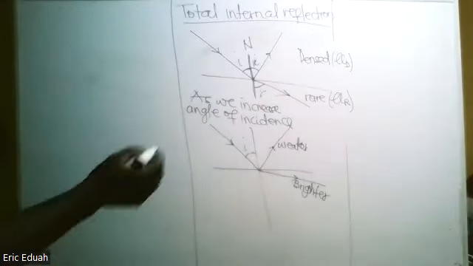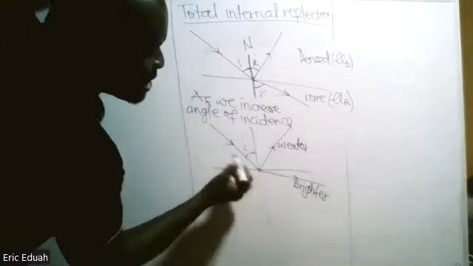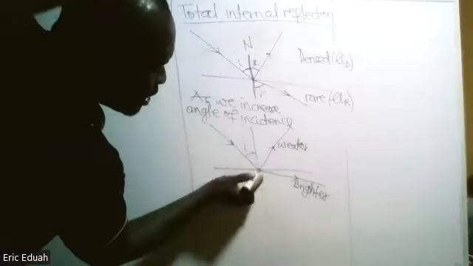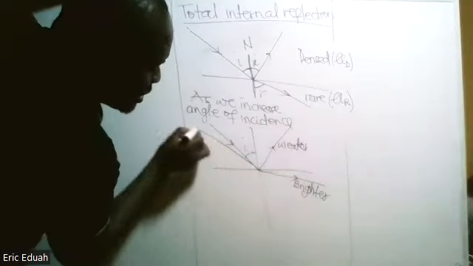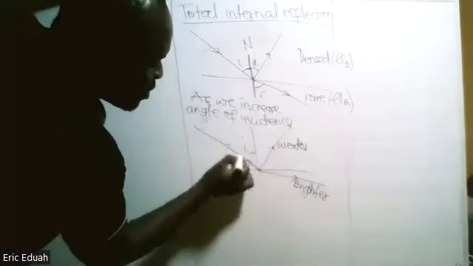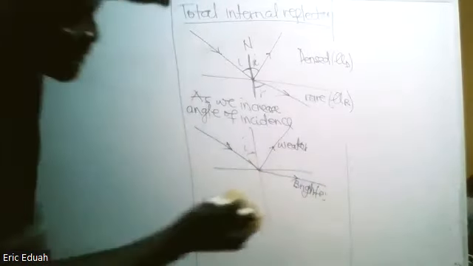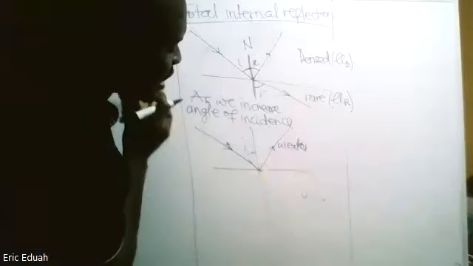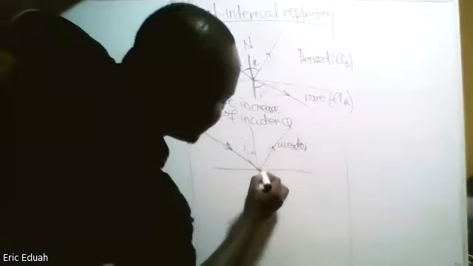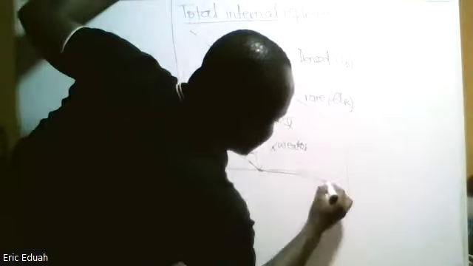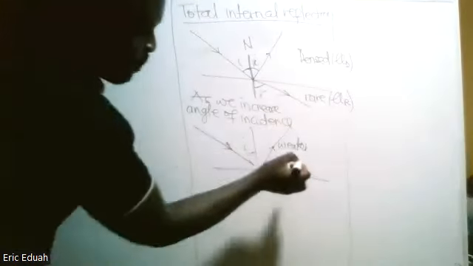What are we doing? We are increasing the angle of incidence gradually. So another increment in the angle of incidence, then you realize that the refracted ray is so close to the boundary.